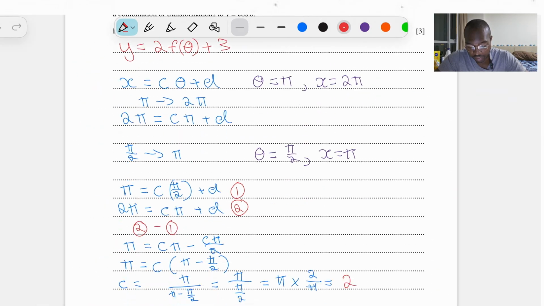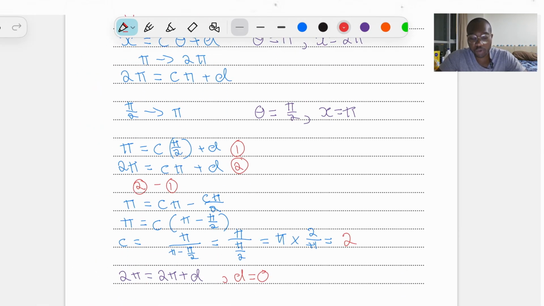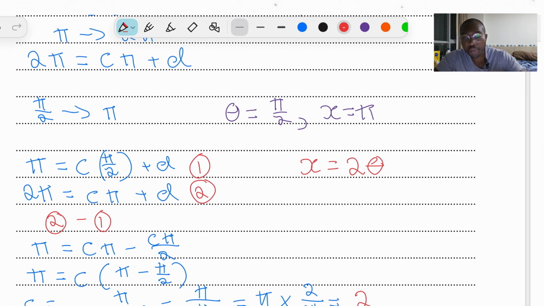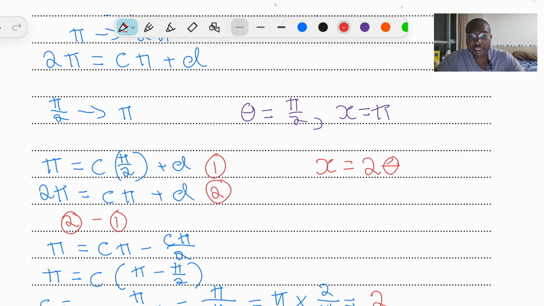And when we consider this type of question, because we've got that c is 2, if we go back to our equation, effectively we would have x would be like 2 theta. But again, what it really means is that x is actually oscillating twice as fast. So when we consider this in this type of question, it would be the reciprocal, okay?